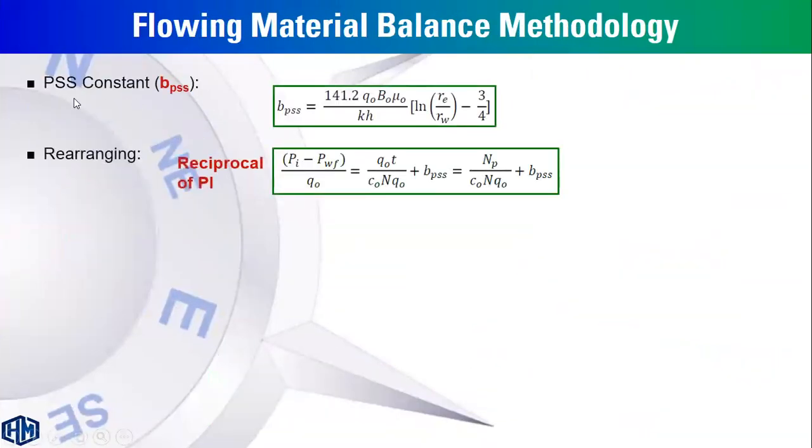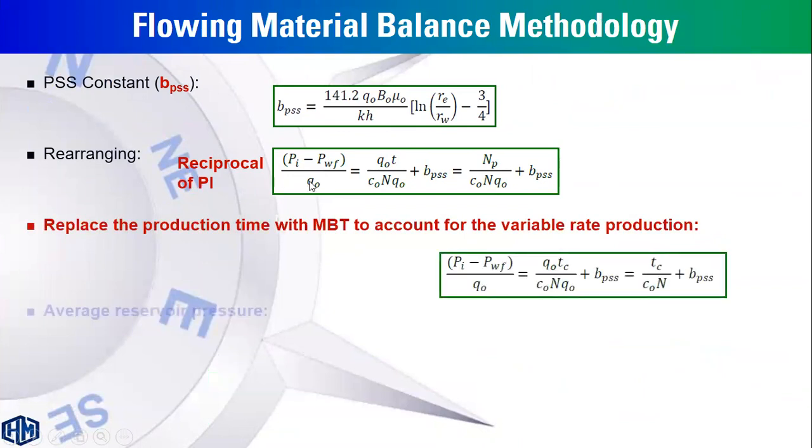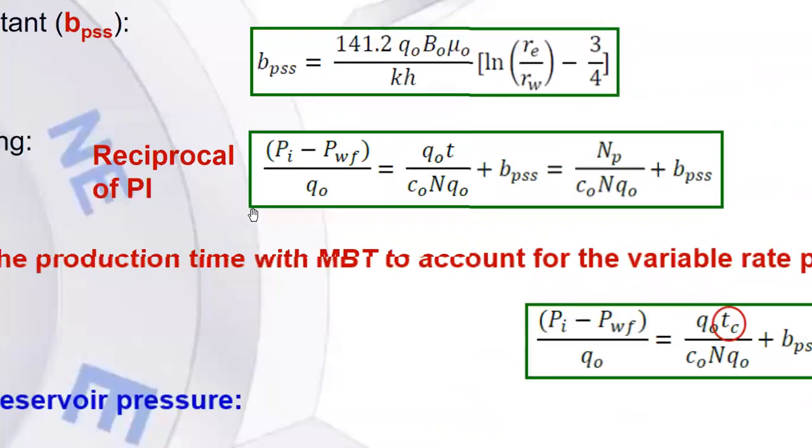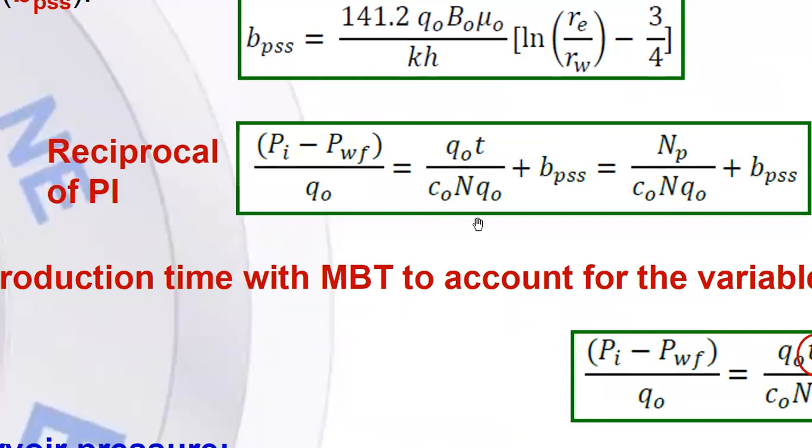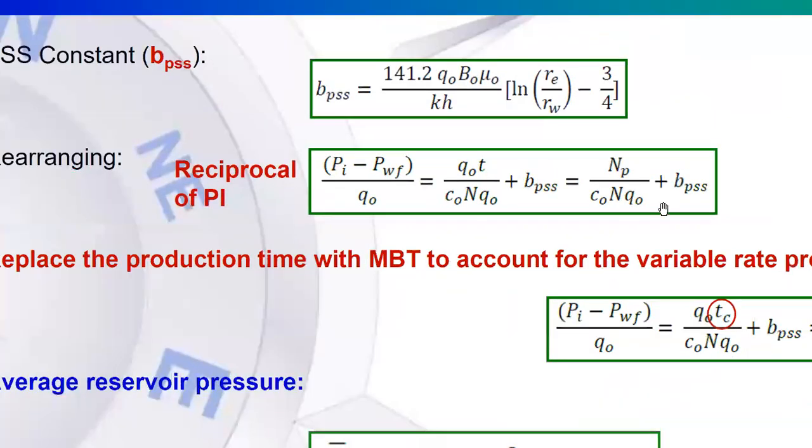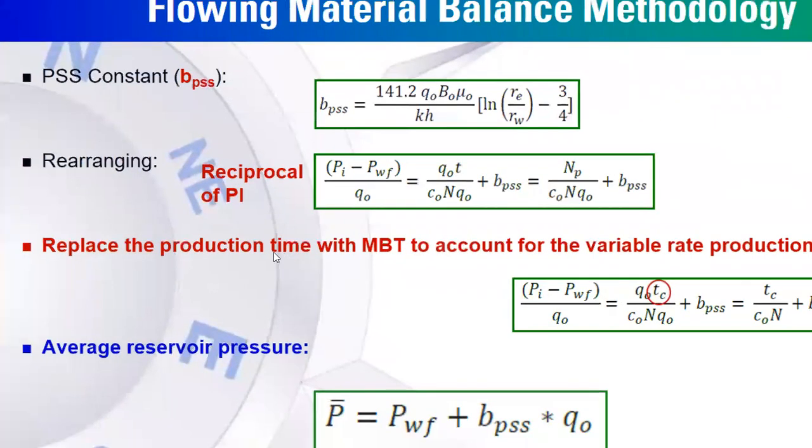Simply, this is the pseudo-steady state constant defined by this equation, and this is dP over Q, which is the reciprocal of PI, or productivity index, a function of the pseudo-steady state constant, as mentioned.